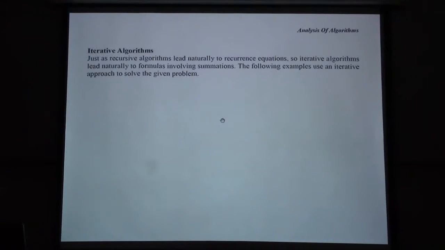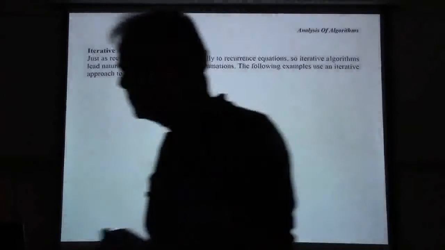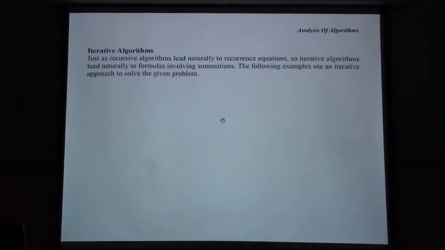Professor? Yes? The substitution where we assume that a of n equals r to the n, where is it valid, and in what cases can we make the substitution? When a function is defined in terms of the same function, because basically what you're saying is the value of the function at n is a function of the same function at n minus 1. So when the function is defined in terms of itself in a linear sense, then this tends to work.